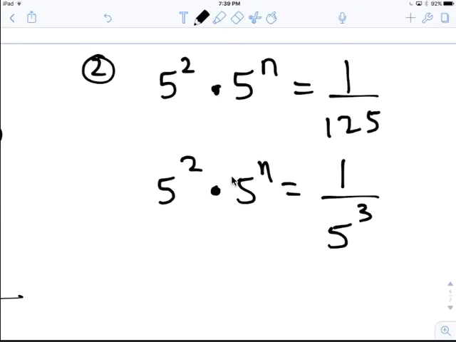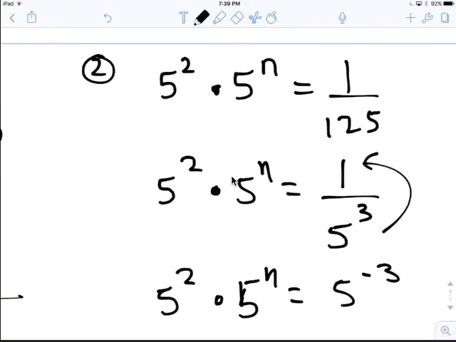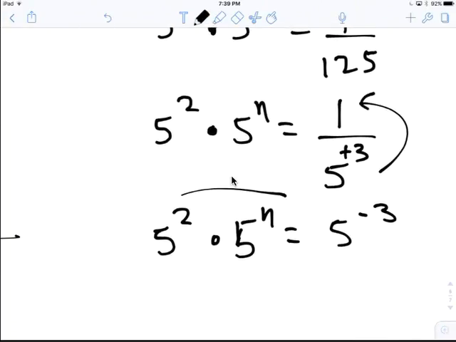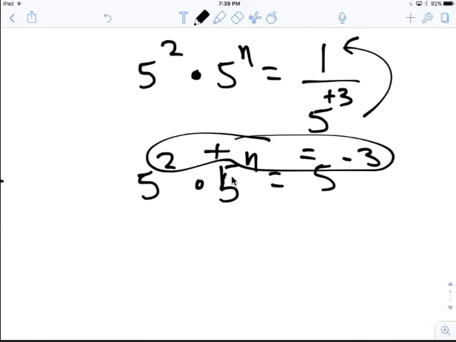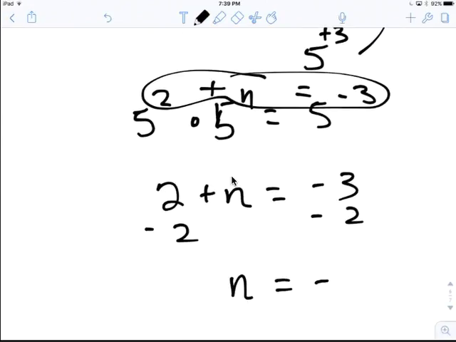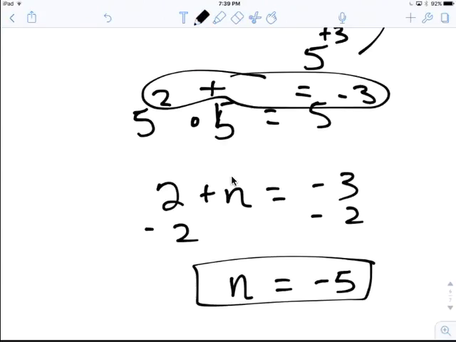So this is the same as 5 squared times 5 to the n equals 5 to the -3, because when you move it up or down, the exponent changes signs. Okay, and if you add these two, you should get that, and the number is -5 again. 2 plus n equals -3, minus 2, n equals -5. Okay, so if you put -5 in here, you get the answer of -3.